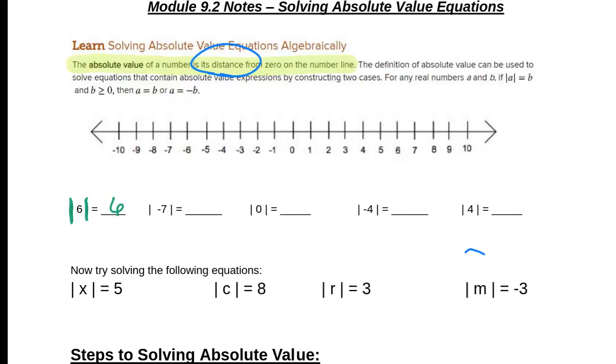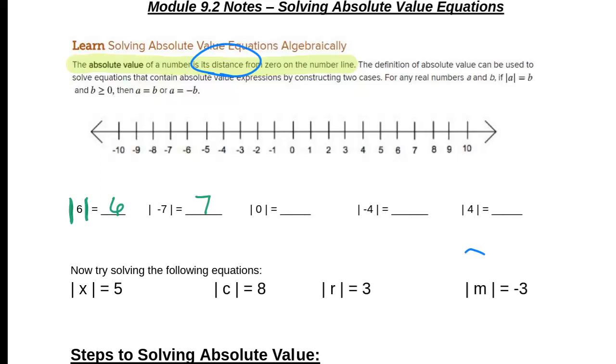If I say the absolute value of -7, how far away from 0 is the number -7? If distance is always positive, it is 7 units. The absolute value of 0.